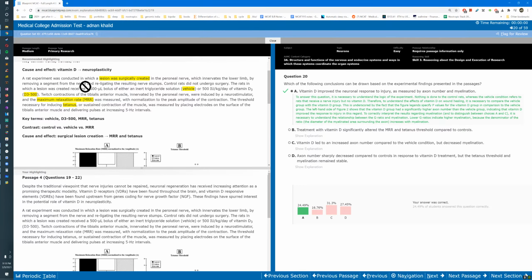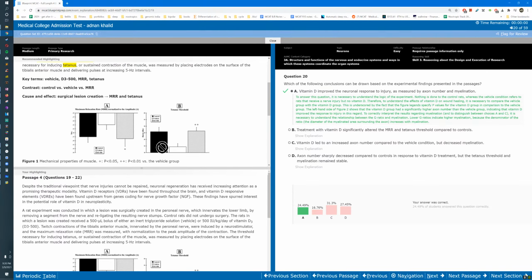So those that were injured were given some placebo that they call a vehicle, or vitamin D. If we're looking at MRR and all this stuff, there's nothing really happening here.